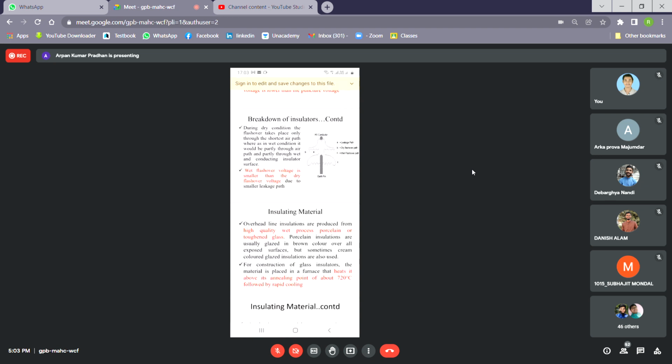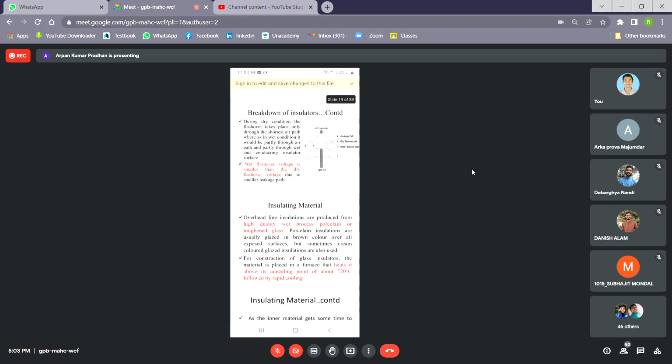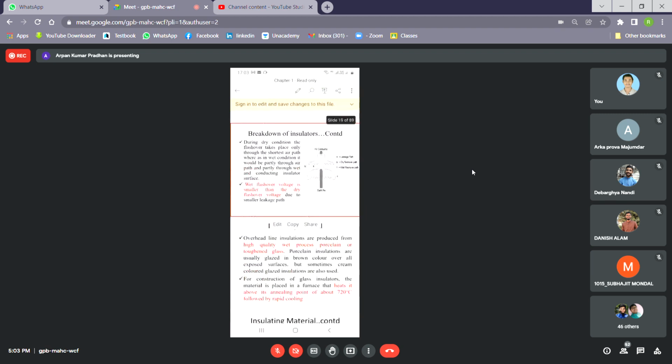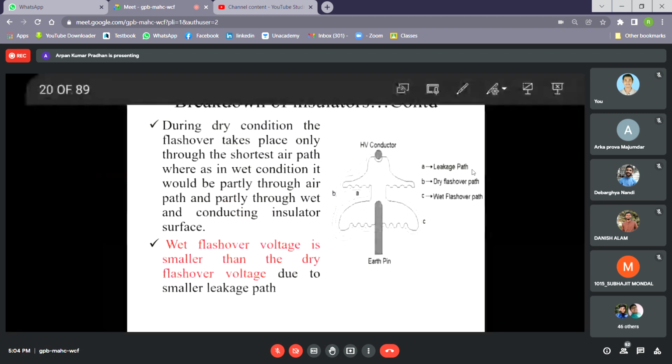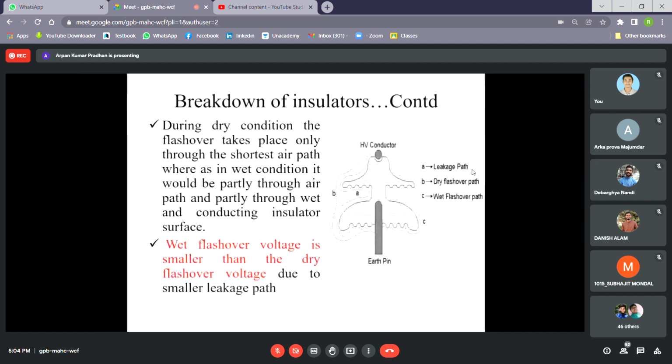There are various factors which affect the flashover voltage of the insulator surface, so you have to consider this factor while designing the insulators.